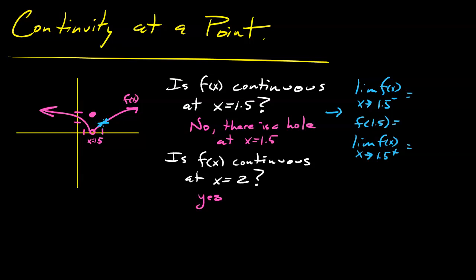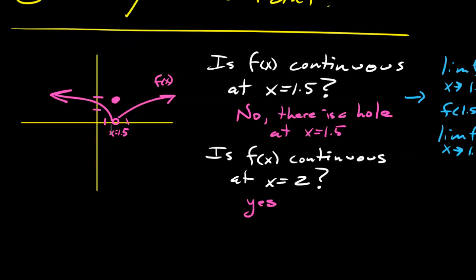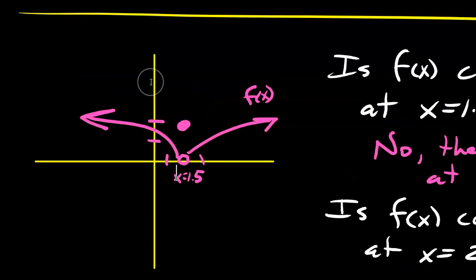But so the limit to the left of 1.5, so to the left of the hole, is going to be at a height of 0. The limit to the right of the hole is going to a height of 0. If I'm looking to the left of x equals 1.5, I can see that it's going down to a height of 0.